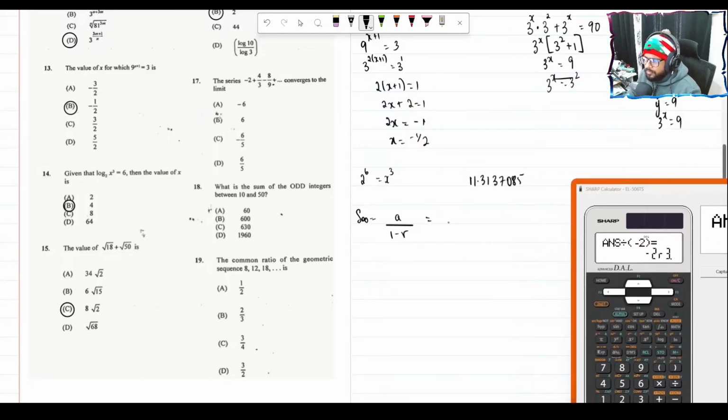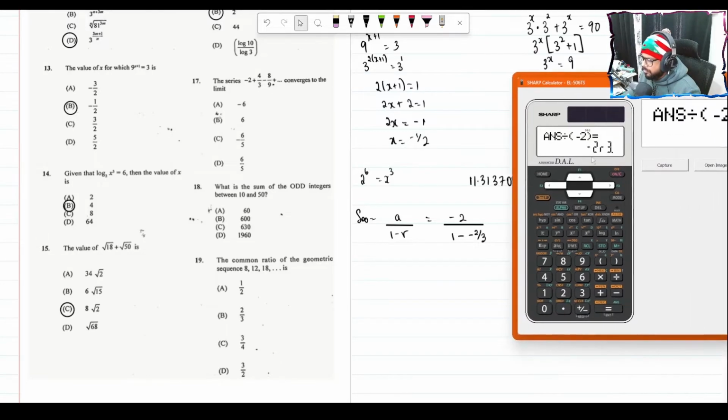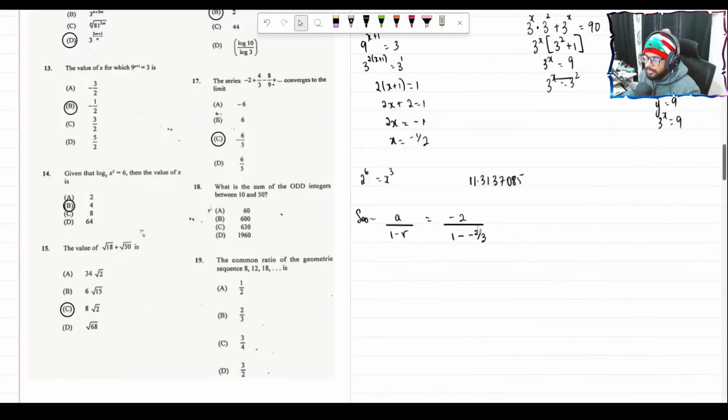So my first term is minus 2 over 1 take away negative 2/3. So negative 2 divided by open bracket 1 plus 2/3 is equal to minus 6/5. Right? And indeed, the modulus of r was less than 1. r was negative 2/3.